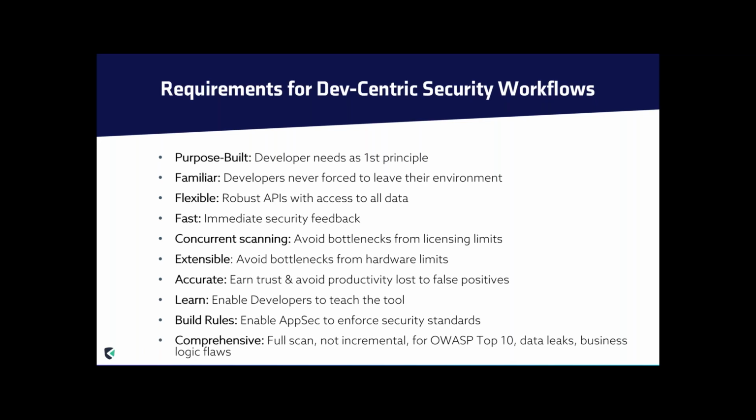And last but not least, it needs to be comprehensive, right? Wherein when I make a line of change, and if I only look at that line in isolation, the implications are not very obvious, right? One example is, I'm taking an input from a file. I change that to take an input from a customer.